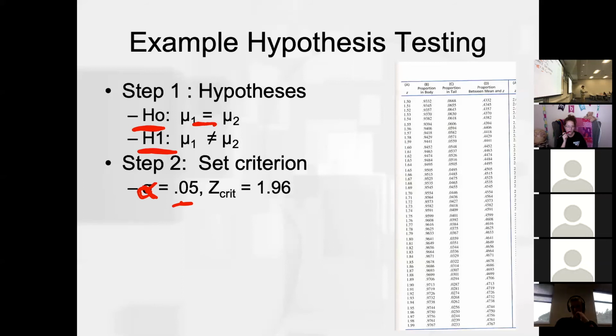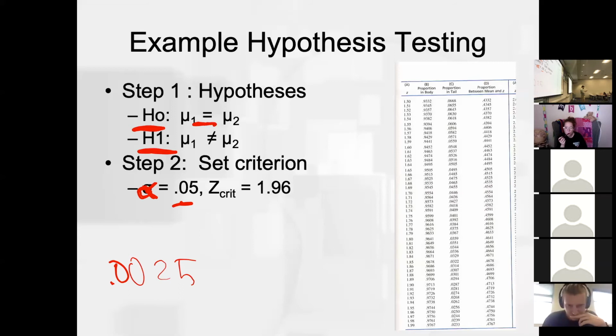So now we need 0.025 in each tail. So if we go and look at the unit normal table we have over here, let's look for 0.025.